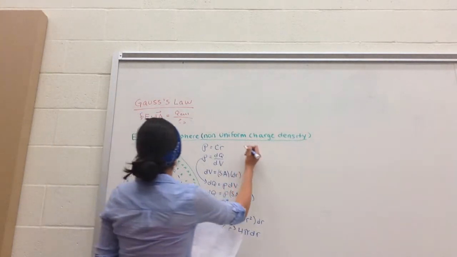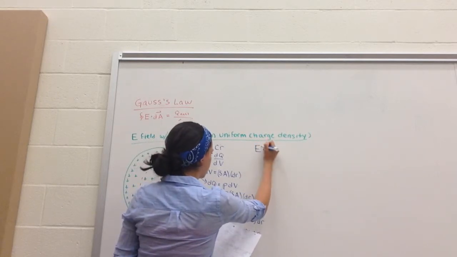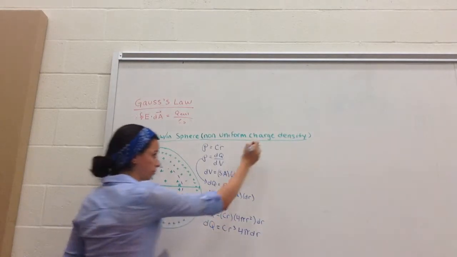So we have the electric field times cosine of 0, which is 1.